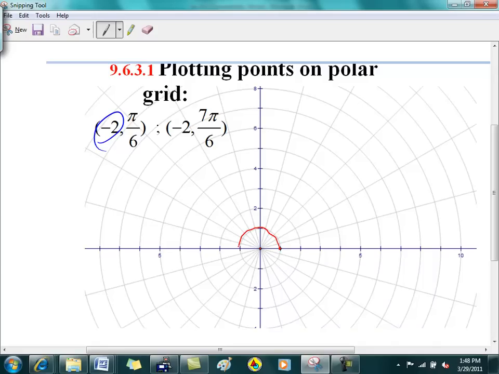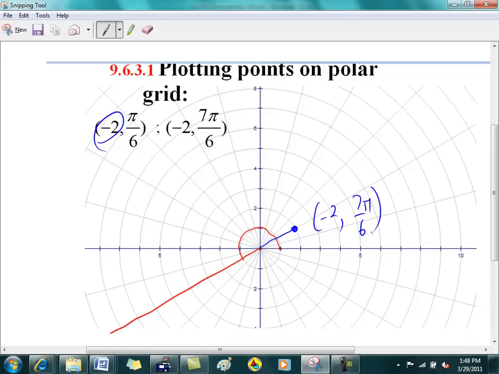So here's 180, here's 210, so here's my line. Okay? That's 210. And now I need to go in the opposite direction. And I need to go 2 units, so here's my point, negative 2 comma 7 pi over 6. So everybody got that down? Yeah, everybody see that?